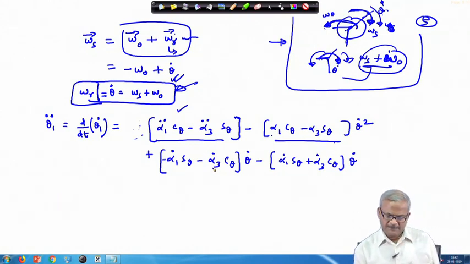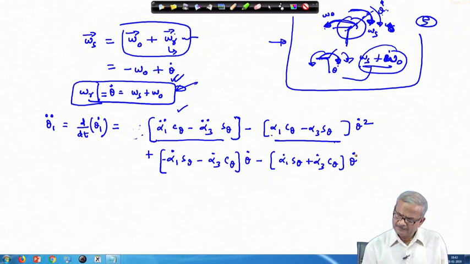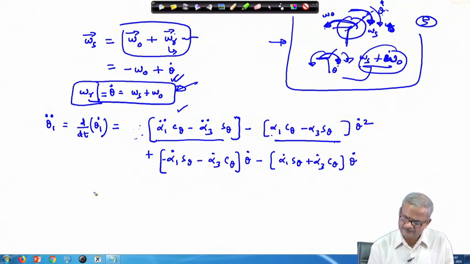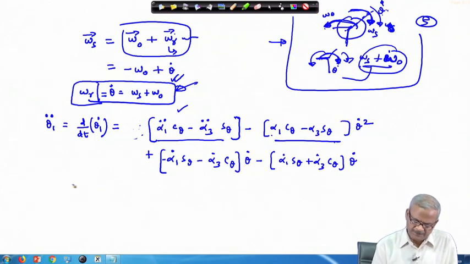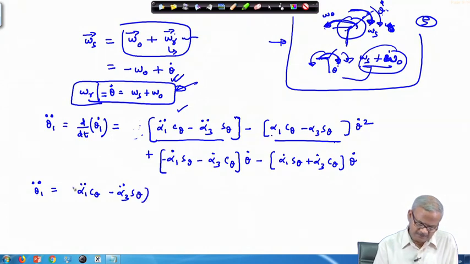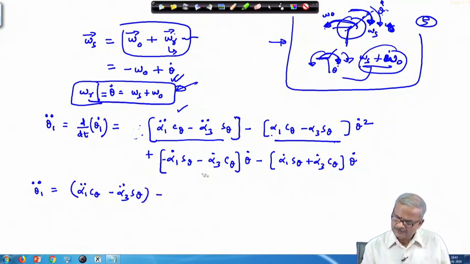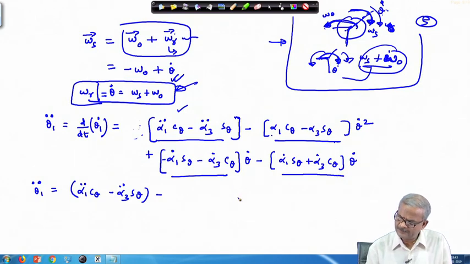Okay. And if we replace this theta dot by omega r, it will be like we do not have to carry this square and the other terms. It becomes a little easy to work with. So, theta 1 double dot, this will be alpha 1 double dot c theta minus alpha 3 double dot s theta. You can see this term alpha 1 dot is here, and alpha 1 dot alpha 3 dot is here.